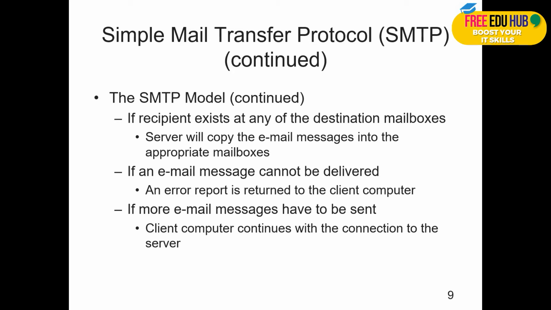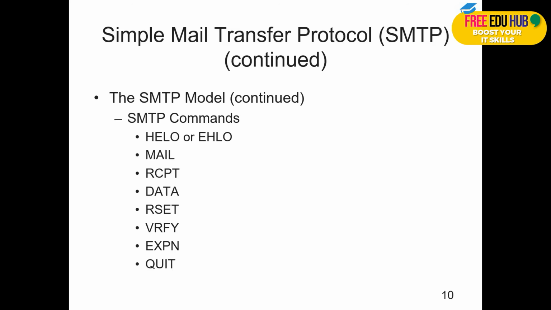So all that information remains inside your own mailbox folders. If an email message cannot be delivered, an error report is returned to the client computer. If more email messages have been sent, the client computer continues with the connection to the server.